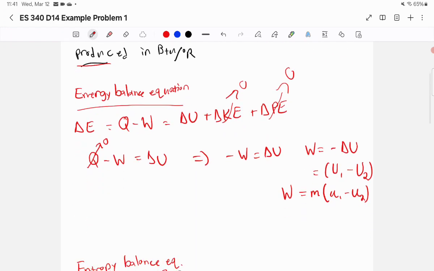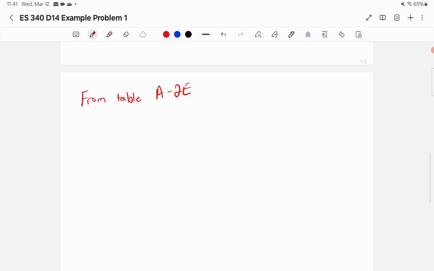And all that we have to do is then find, because it's a mixture, where the specific volume and things are in the mixture at 50% quality. So we know x is equal to 0.5.